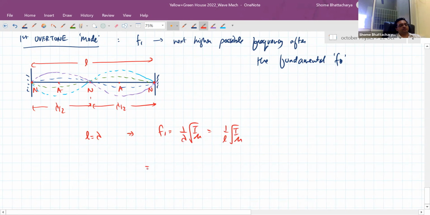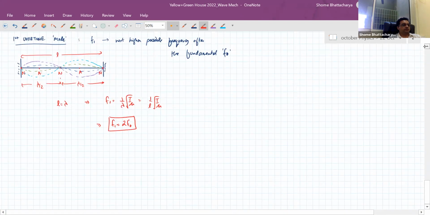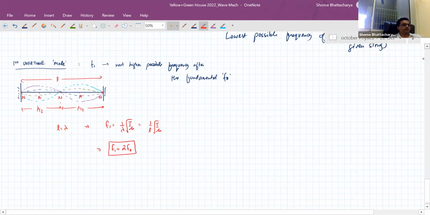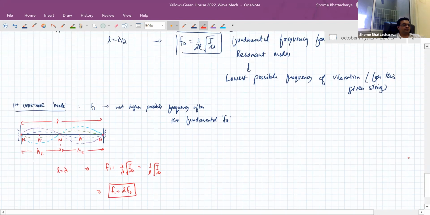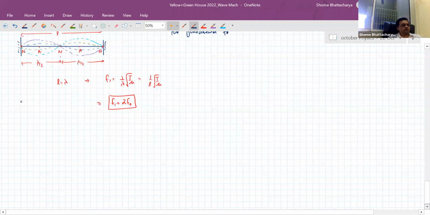If you compare it with the first formula, this becomes double the fundamental. So this is the formula for the first overtone mode. It has a frequency equal to 2 times the frequency of the fundamental. Now, before you write this down, let's look at another member of this sequence.